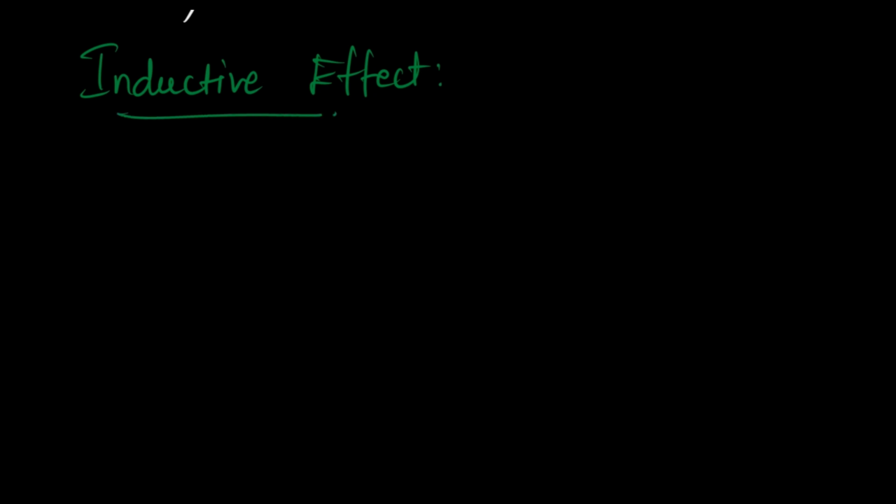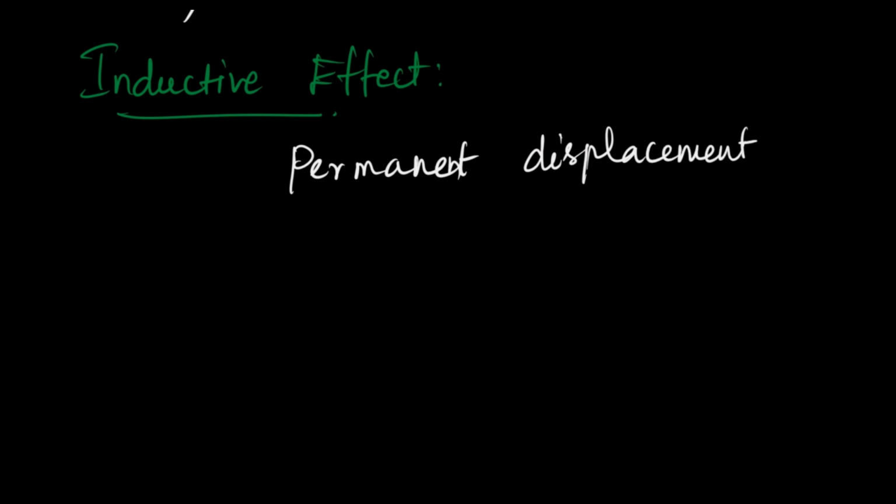So inductive effect is a permanent effect. What happens over here? Permanent displacement of sigma electrons, that is more important.